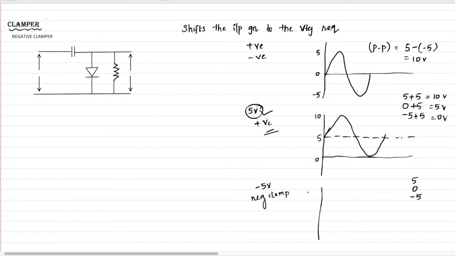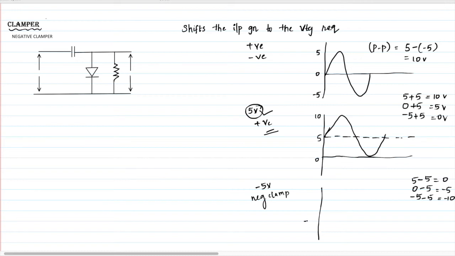So you need to shift the signal downwards, that is you need to shift the signal for minus 5 volt. So just do it, minus 5, and minus 5. So 5 minus 5 is 0, 0 minus 5 is minus 5, minus 5 minus 5 is minus 10. So now the DC voltage, which is 0 for the input signal, is now minus 5.